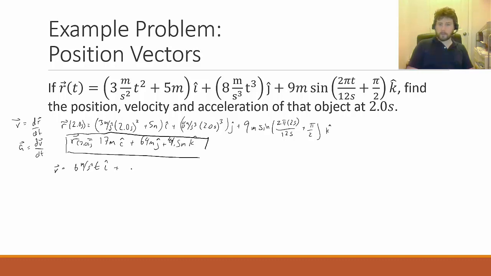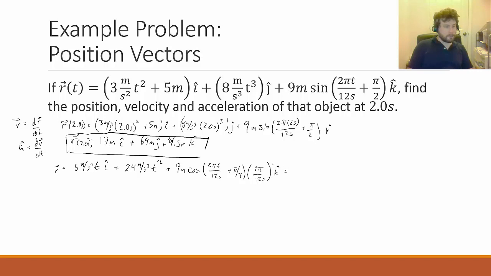Similarly, I get 3 times 8, which is 24 meters per second cubed times the time squared, plus, when I take the derivative of sine, I get cosine, so 9 meters times cosine of 2 pi t over 12 seconds plus pi over 2. But I also, from the chain rule, have the derivative of the inside, which gets rid of the t and the constant part, so I get 2 pi over 12 seconds.